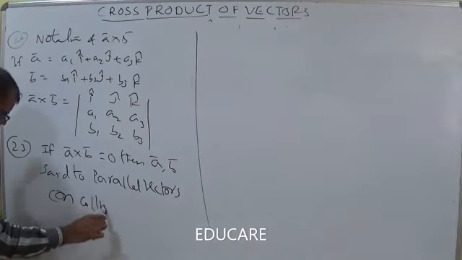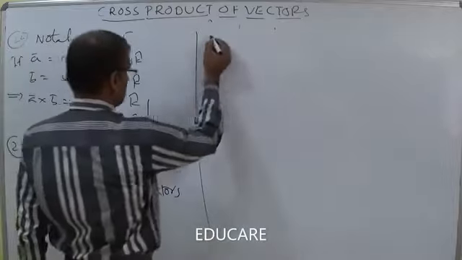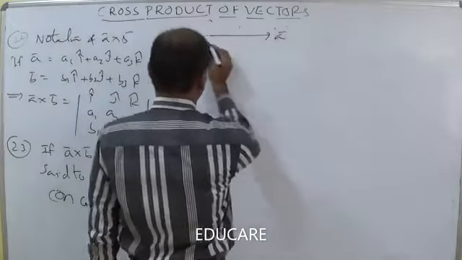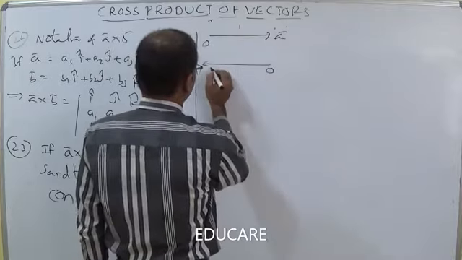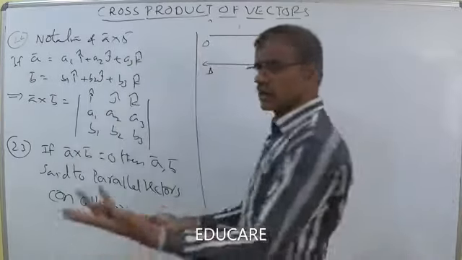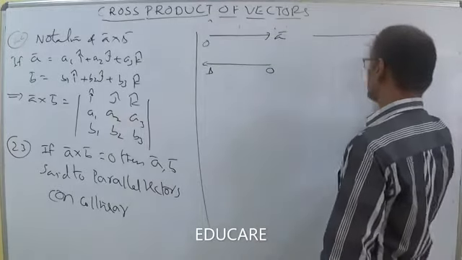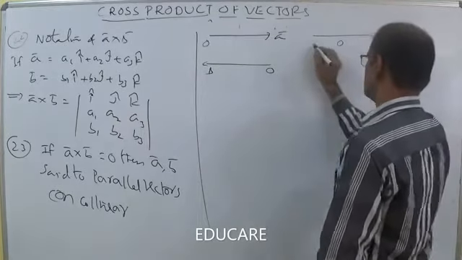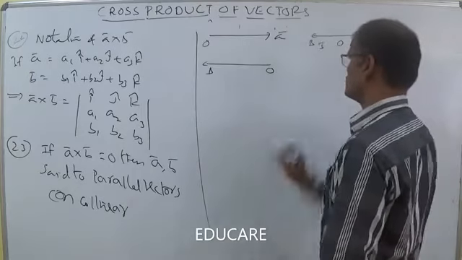Why? Because there is no angle between the two vectors. Let it be vector OA and let it be vector OB. You take negative direction or positive direction, no problem. These are parallel. This indicates A bar and this indicates B bar.